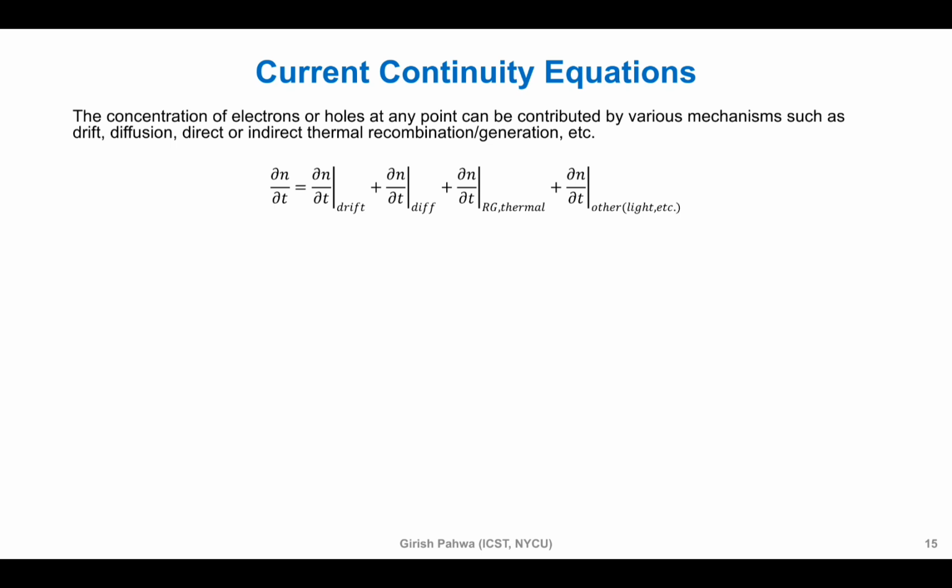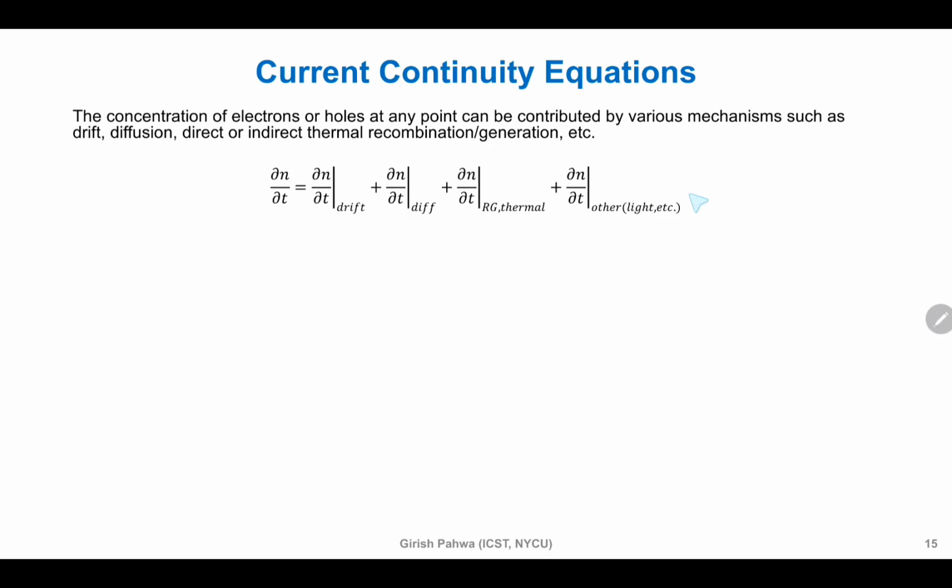Similarly, if you have diffusion, say there was a larger concentration of electrons here and a lower concentration here, so some of the electrons moved because of diffusion from here to here. That can also contribute to the electron concentration at that point. So the net rate of change of electron concentration with respect to time at any point in the semiconductor is a combination of several factors: the rate coming from drift, plus the rate coming from diffusion, plus the rate coming from, say, thermal generation, plus the rate coming from any other process, say light or radiation or whatever.